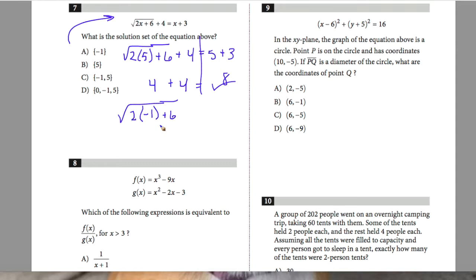Plus 6 is going to be the square root of 4. So that would give me 2 plus 4, which then if I plug this in here, equals my, what was it, -1 plus 3. Well, this equals 2. Does not work. So 5 does work, -1 doesn't work. B is my best possible answer for 7.